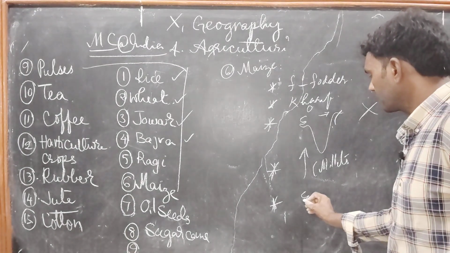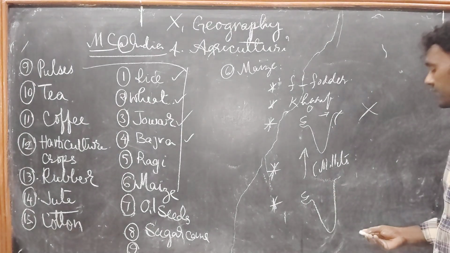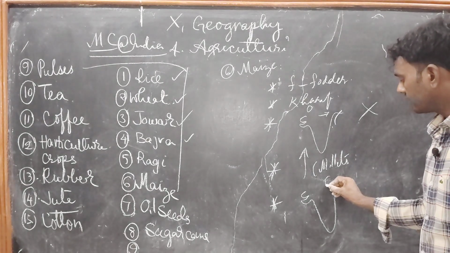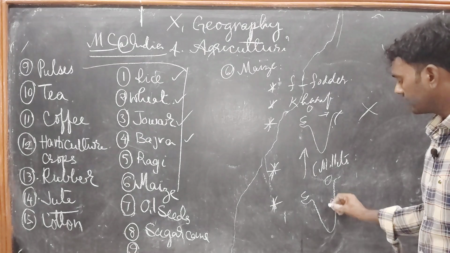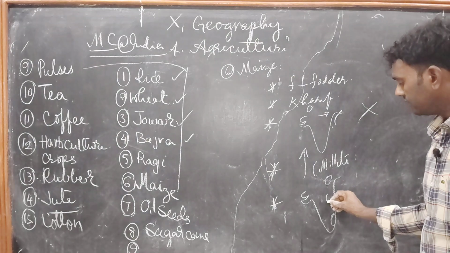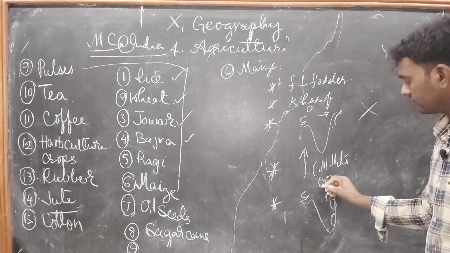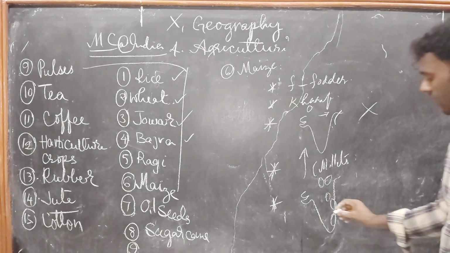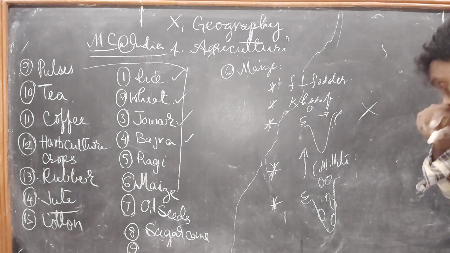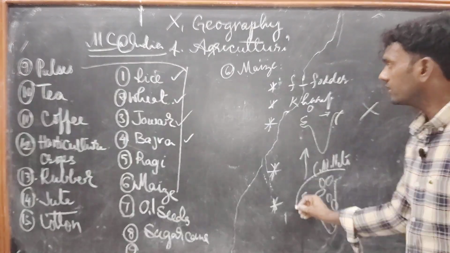See, major producing states of maize in India: Bihar, Andhra Pradesh, Tamil Nadu, Telangana, Uttar Pradesh, Karnataka, Madhya Pradesh. These areas are most producing maize.